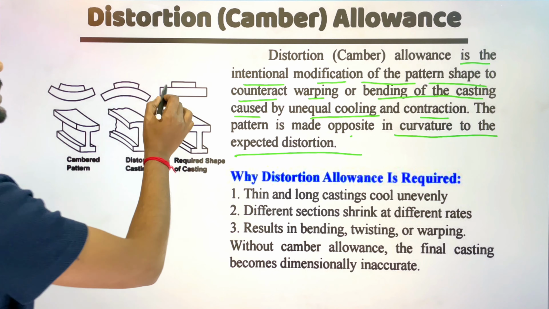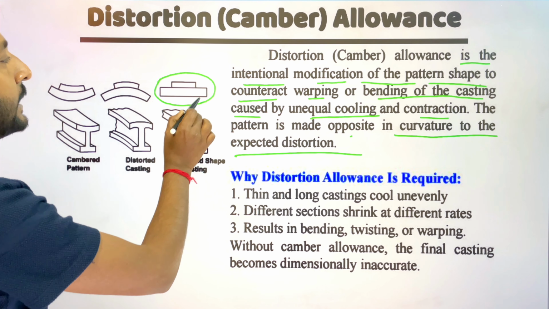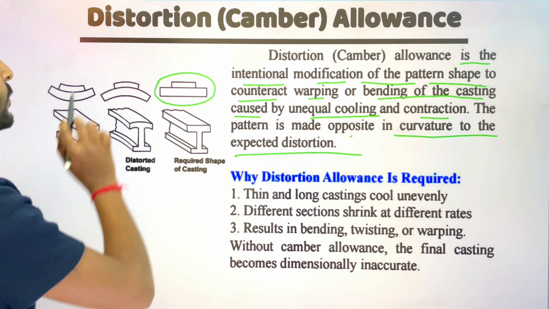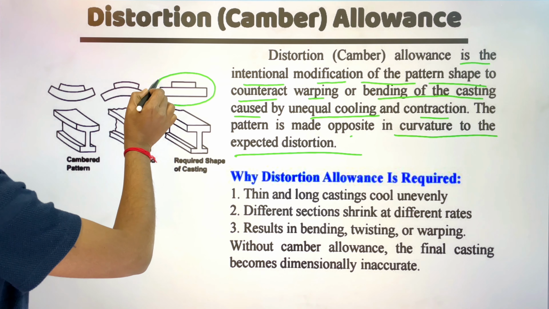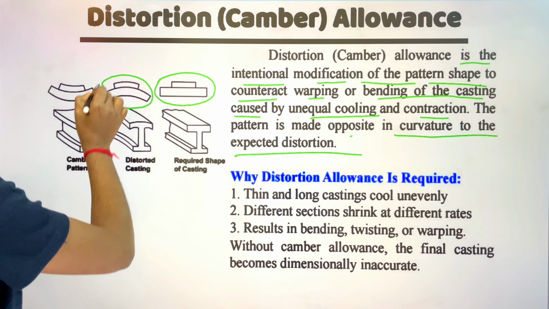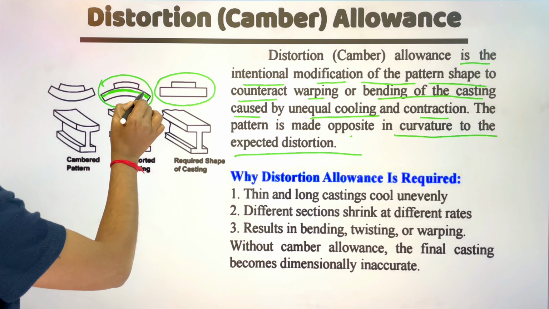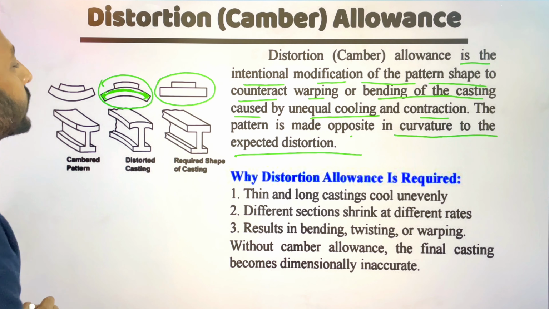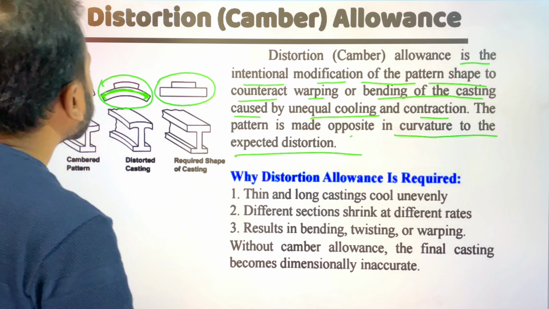So let's suppose this is the product, and when we create this kind of product using the casting process, the final product gets distorted like this, it is bent like this. This is the actual product we get from the casting process.